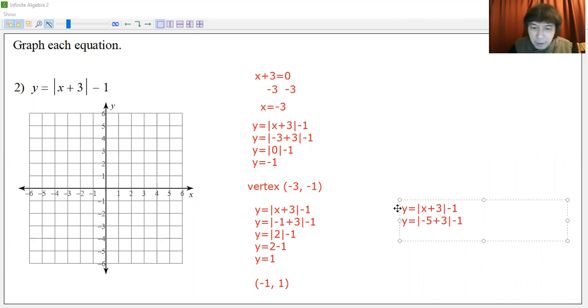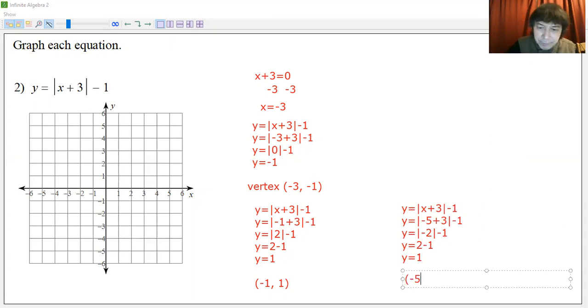We have the absolute value of -2, minus 1, which again results to 2 minus 1, and that results to a final value of 1. And we have our next point. When the value of x is -5, then our y is 1.